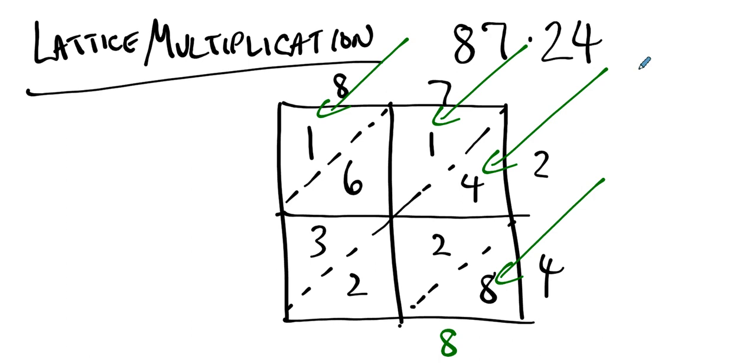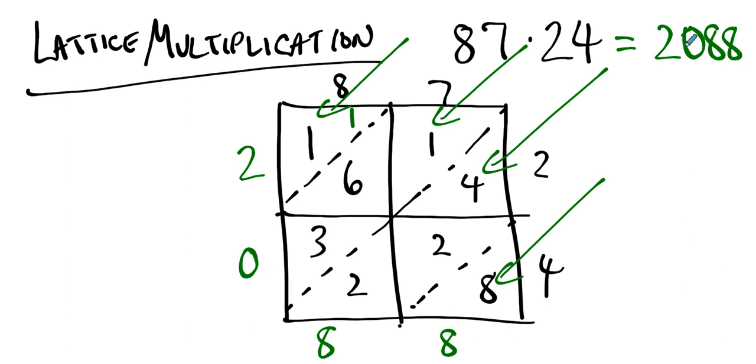That's 8. Run through those, that's 8. Run through those, that's 10. Can't write a 10, so we write the 0 and carry. That's 2. 87 times 24 is 2088.